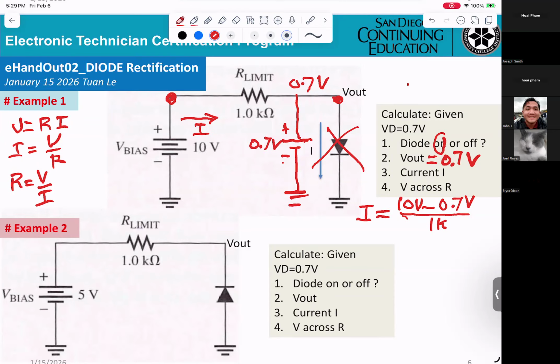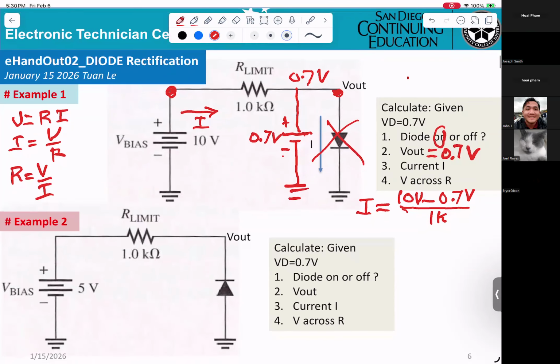9.3, right? 9.3 divided by 1K. Then automatically you get 9.3 milliamps. So are you saying it's 9.3 milliamps? Yeah, the thing is you divide by 1K in this formula.